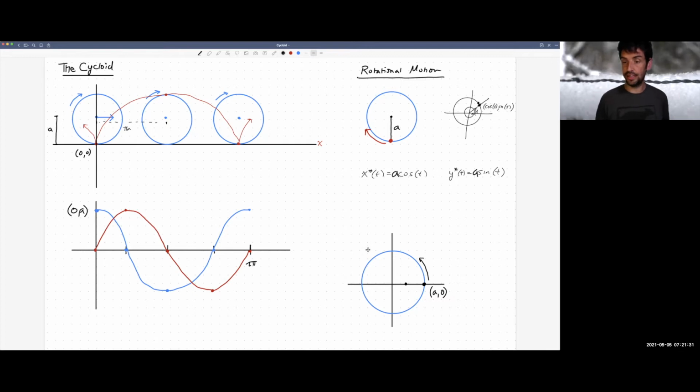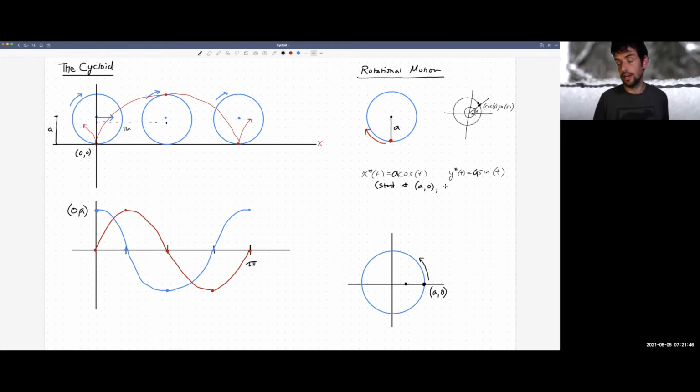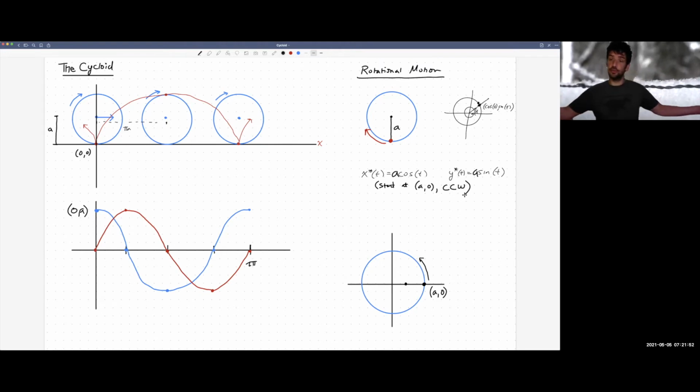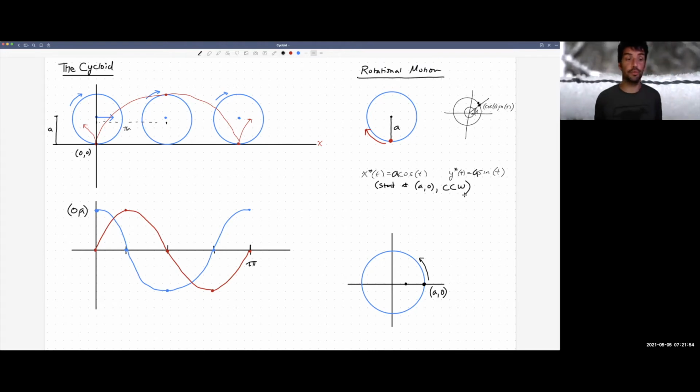This is giving us a circle, beginning at A, 0 and going counterclockwise. So we've got circular motion, but it's not the circular motion we want.